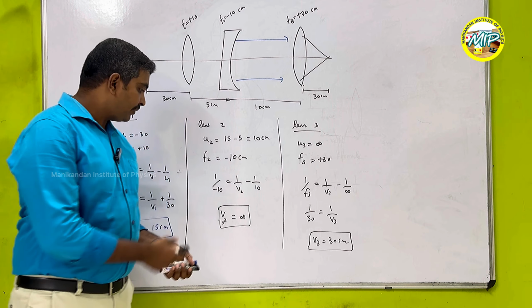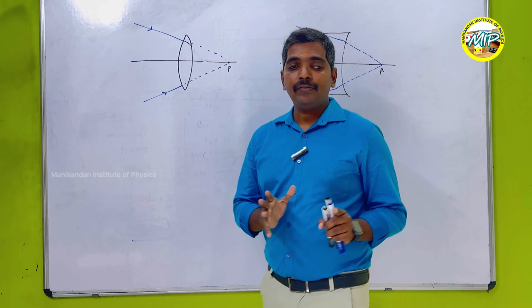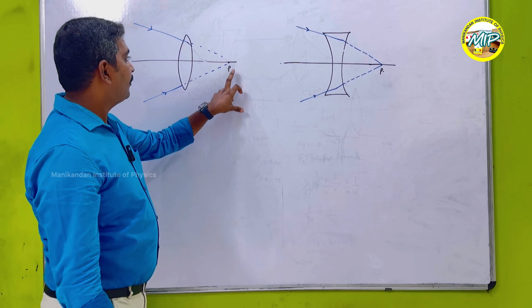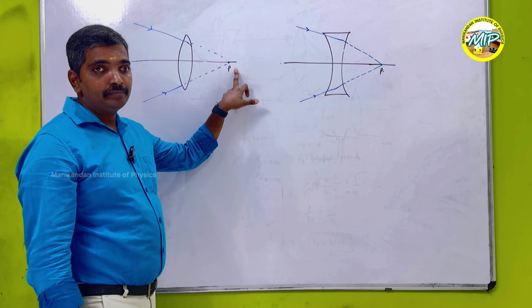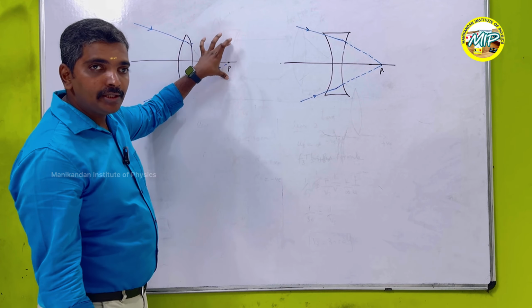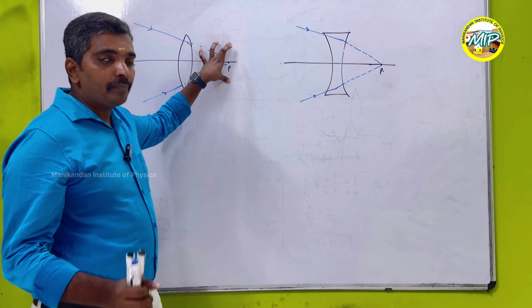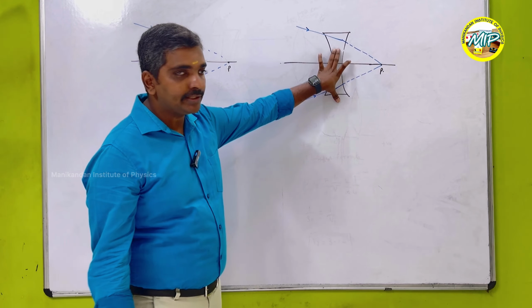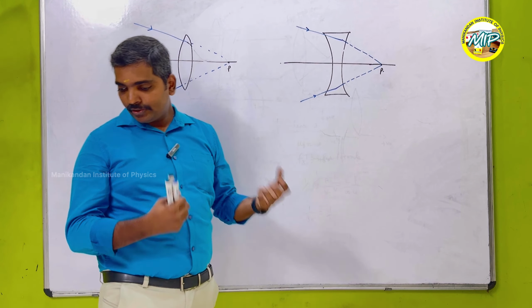So just copy this. Here the question is, when the image is formed at point P, the ray of light coming from some source forms an image at point P. When you place a convex lens here and a concave lens here, we have two cases in the problem. So I will read the problem.